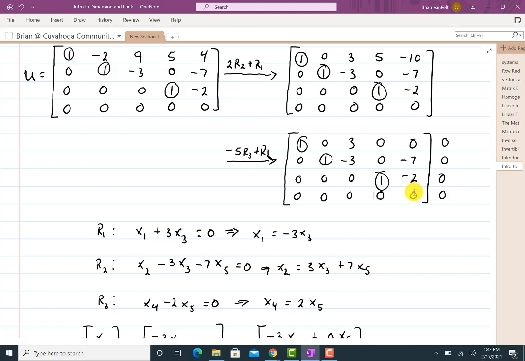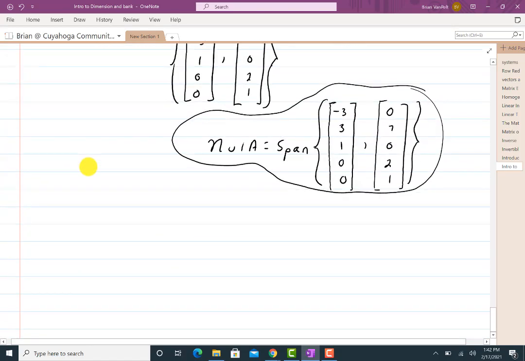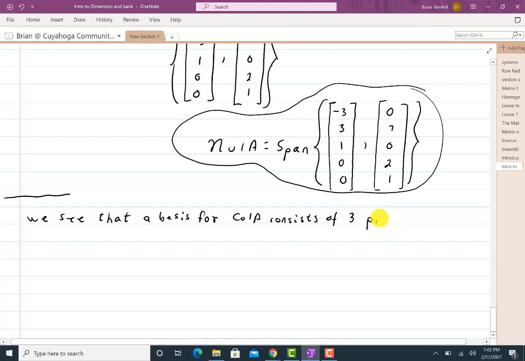A pivot column will be used for col A. Non-pivot column will be used for null A. And in fact, a simple little note here, we see that a basis for col A consists of 3 pivot columns.